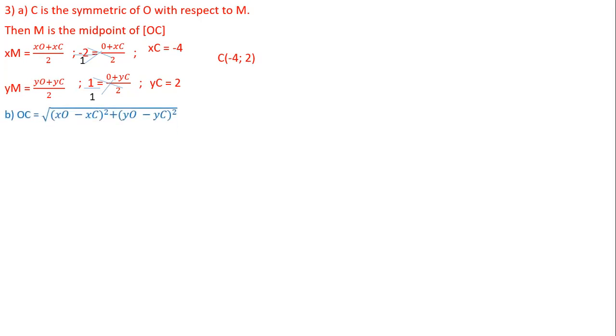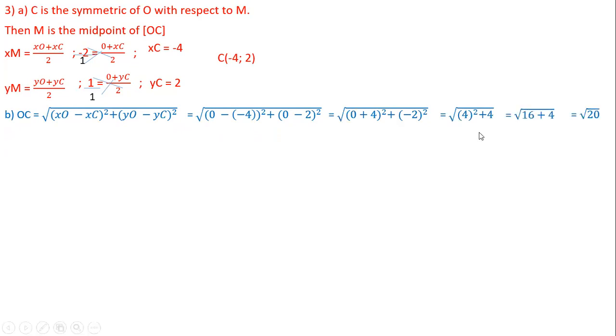Bravo. After replacing, XO is 0, XC is -4, YO is 0 and YC is 2. We calculate and we get OC equal to radical 20.